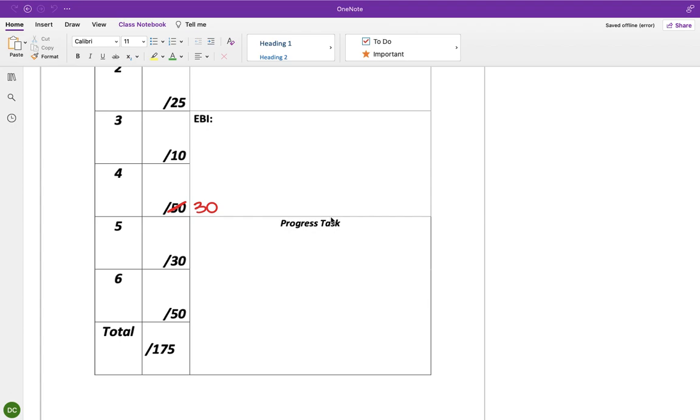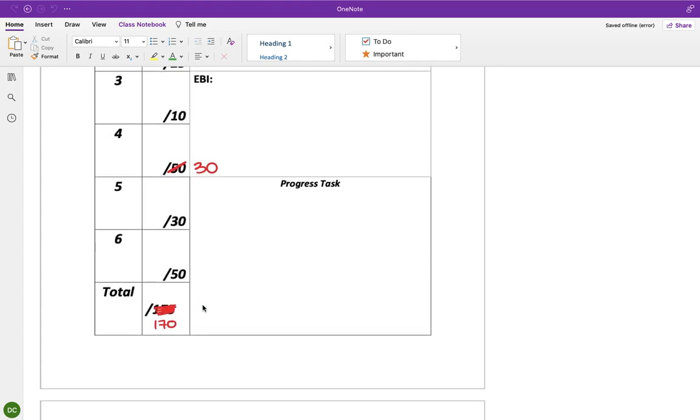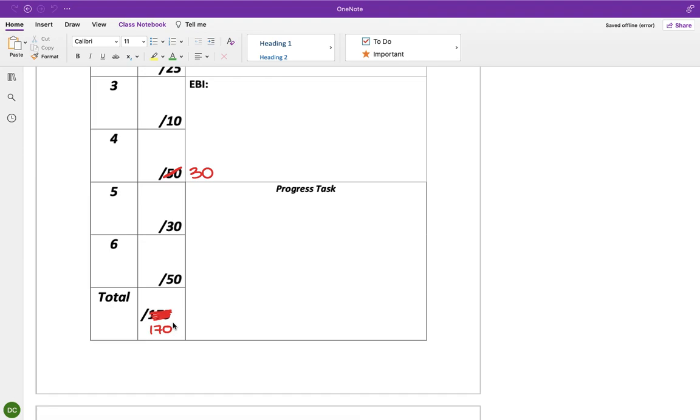Okay, I'm getting 170, which seems wrong. I'll double check it. 25 and 25 is 50, and 10 is 60, 90. Okay, 170 must have been wrong to start with. Oh well, it's out of 170 now.